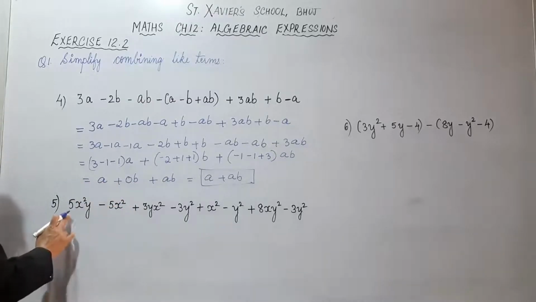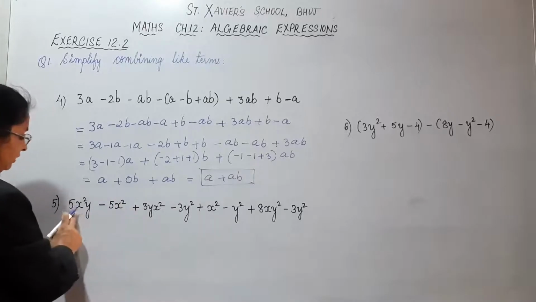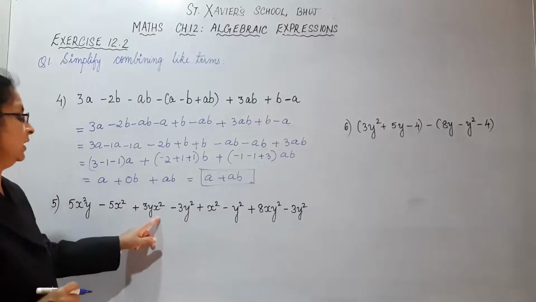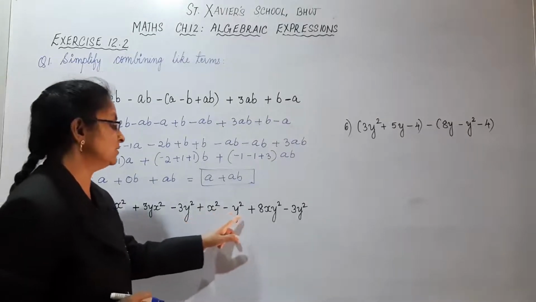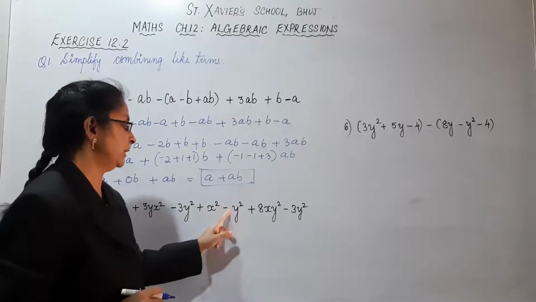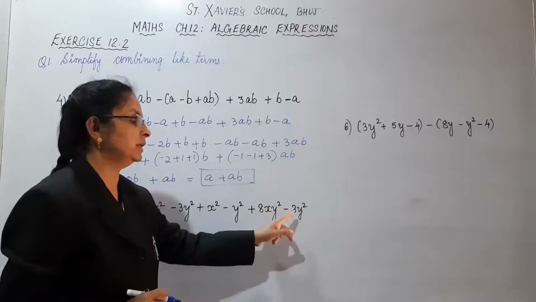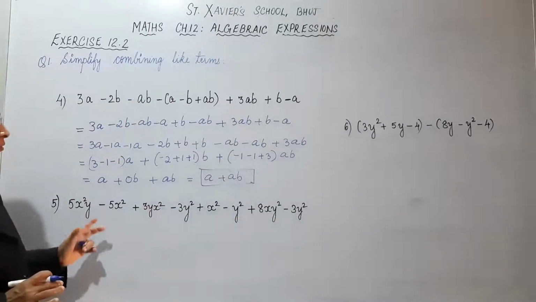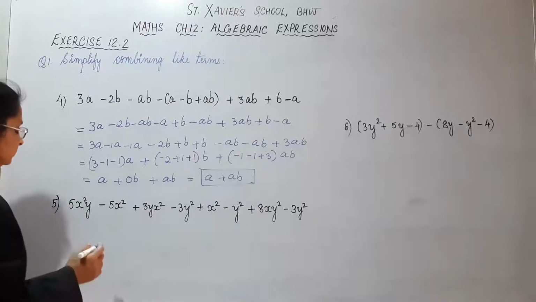Next question: 5x square y minus 5x square plus 3y x square minus 3y square plus y square minus y plus x square minus y square plus 8xy square minus 3y square. There is no bracket, so first we can directly pick up the like terms.